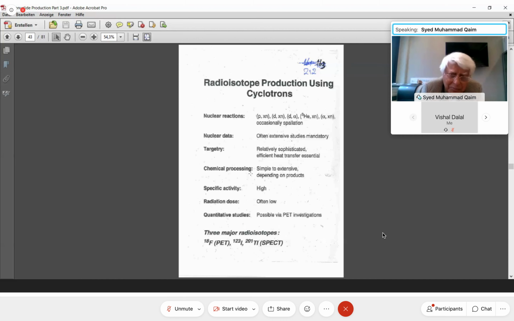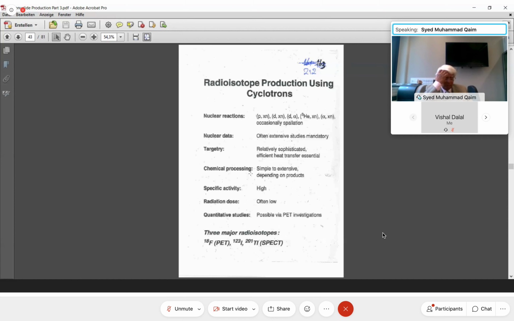Cyclotron isotopes give positrons, and there one can do PET investigations quantitatively. SPECT is not quantitative. Just like reactor, if one would ask, what are the three most important radionuclides produced from cyclotron, what would you say?